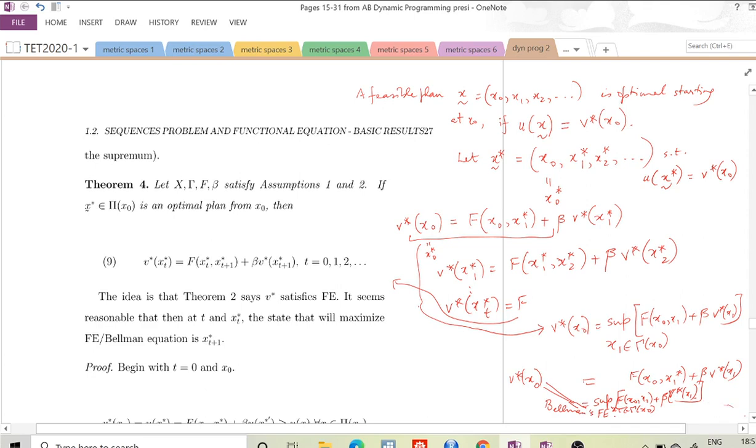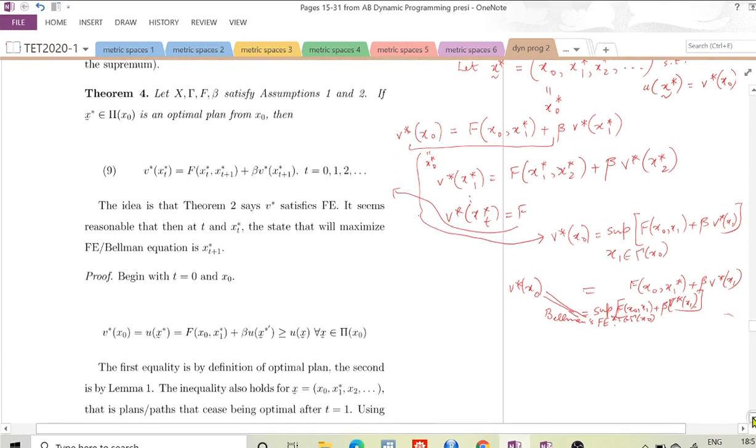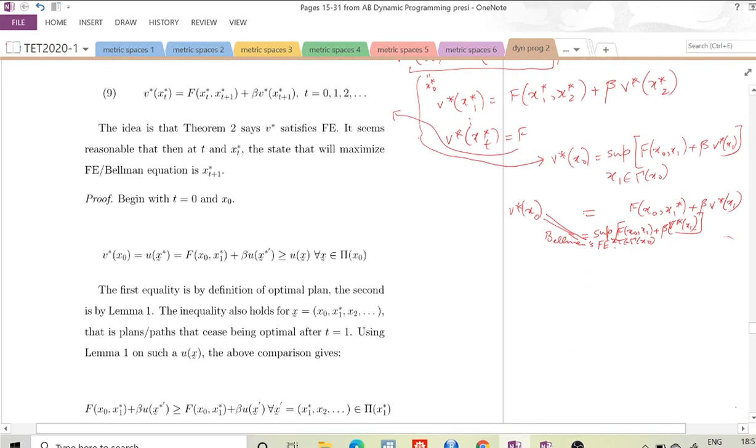What is the other significance of this? The other significance of this is that suppose I have solved the sequences problem and I found an optimal plan, x star tilde.